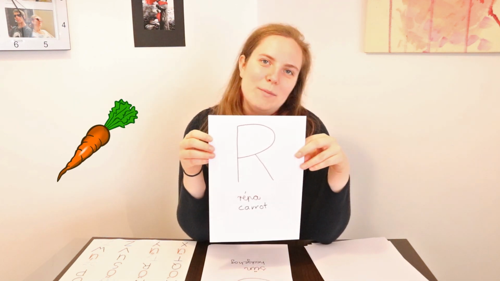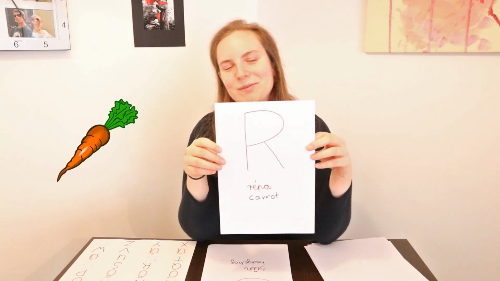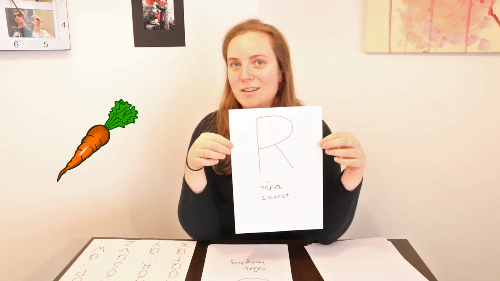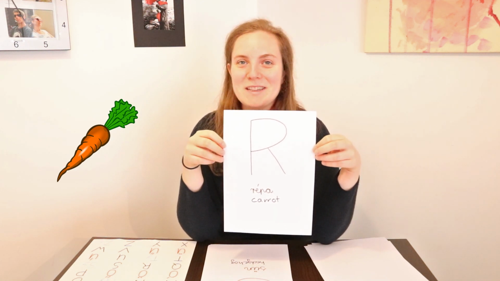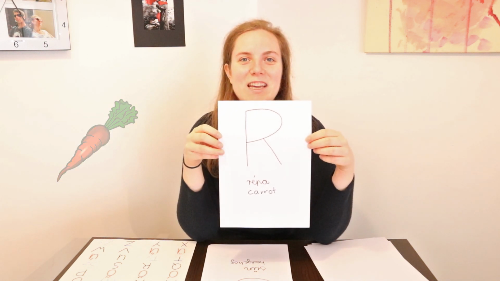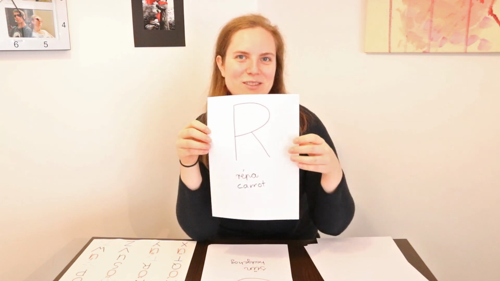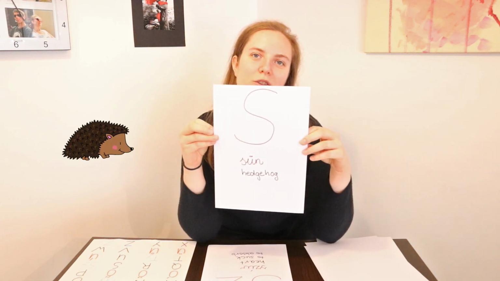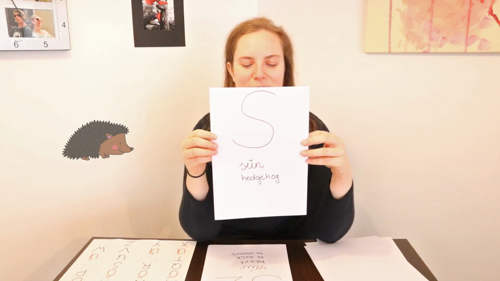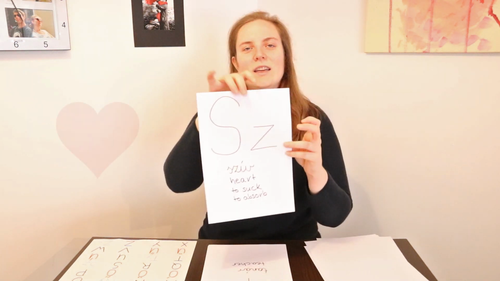R means ripa. It means carrot. This is also part of one of the tongue twisters I made the tomatoes try. You can check it out and see how they got on with the R sound. S means sün, or süni, as we more frequently say it, and it's a hedgehog.